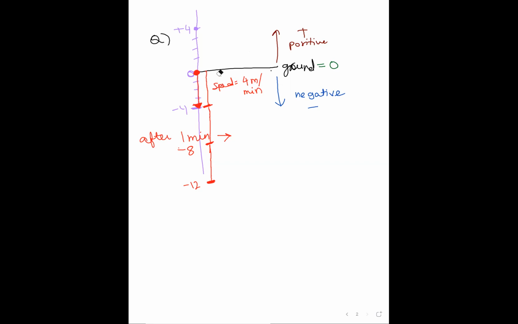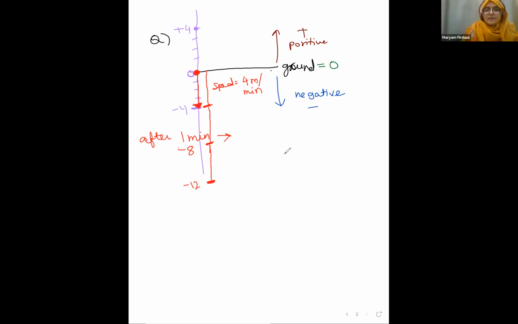So we have to go 4 meters down, like 4 units. We have to descend because in 1 minute it only moves 4 meters down.